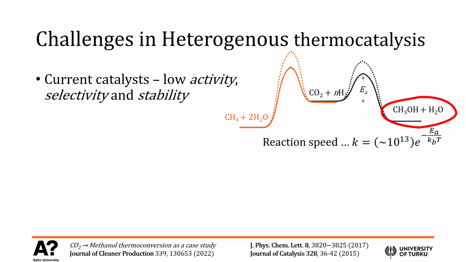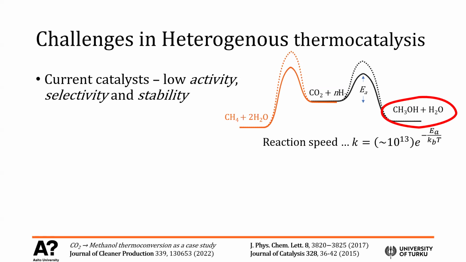But our motivation was to go towards green fuels, and the methanol that we want to produce in this case study is mostly compatible with our today's gasoline-based infrastructure for things that are moving. So the problem of the current catalysis is that catalysts have low activity.